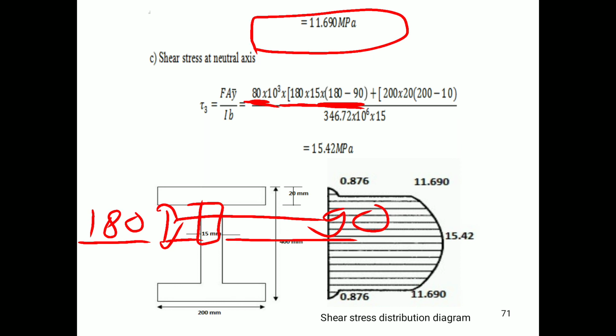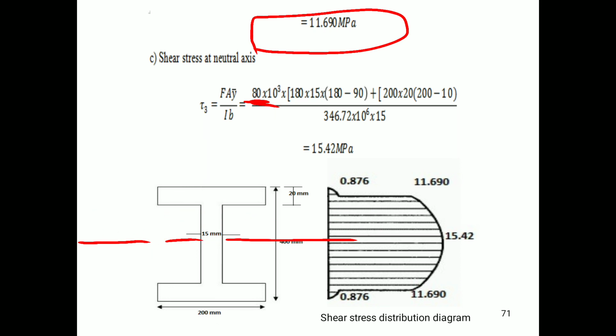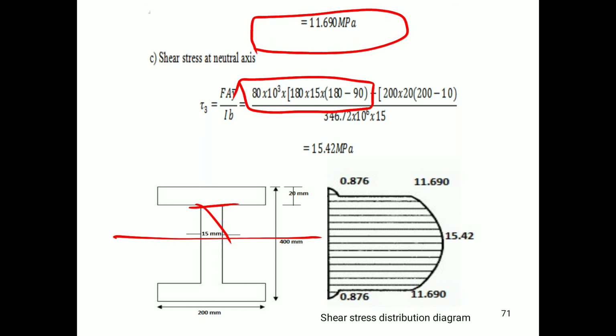So this distance is 90, and it will become Y bar for this section. Therefore we have A Y bar will be this one for this section only.